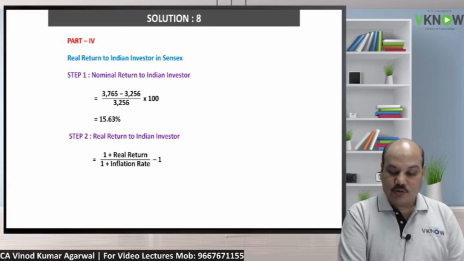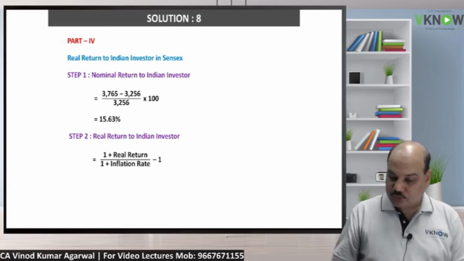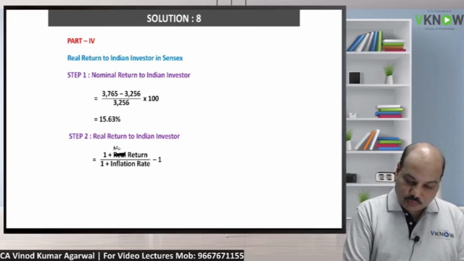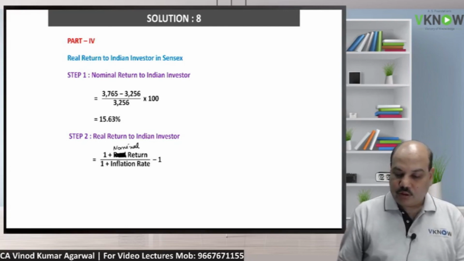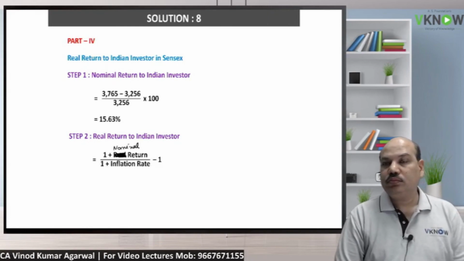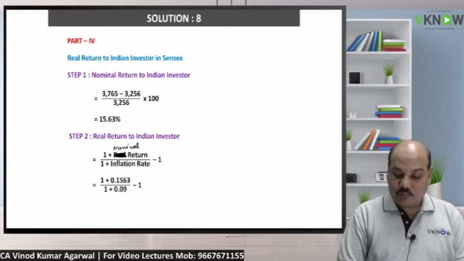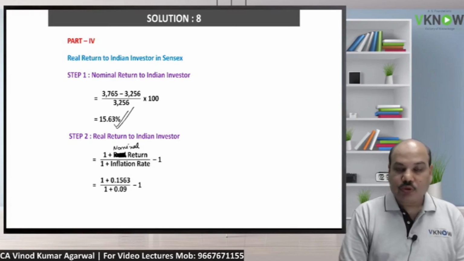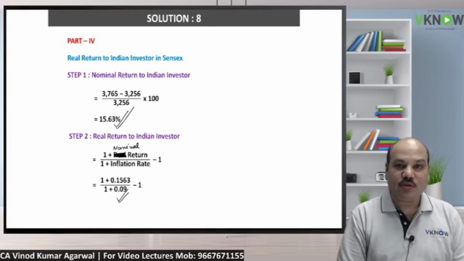The formula is 1 plus nominal return upon 1 plus inflation rate minus 1. 1 plus nominal return, 1 plus 0.1563. This is the nominal return upon 1 plus inflation rate. The inflation rate is 9% in India.